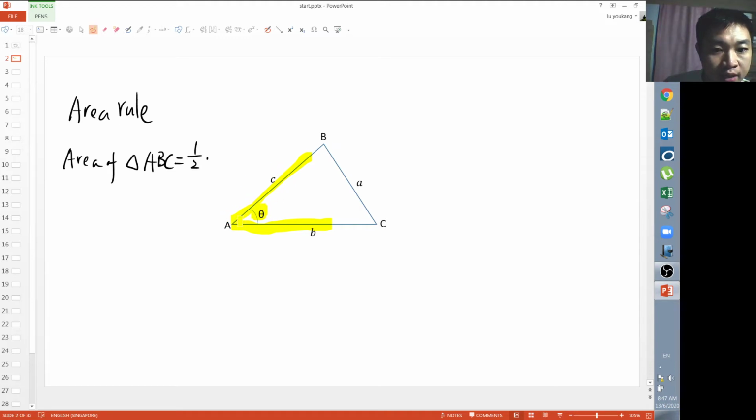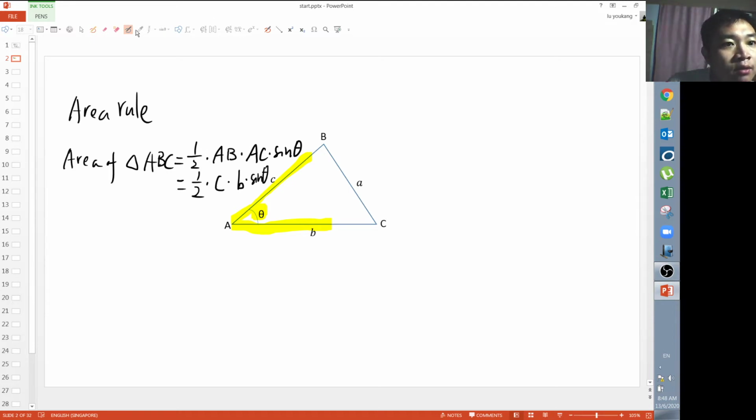Clearly AB and AC are the sides. Therefore you have your AB, your C, times your sine theta. So this will give you the area of this triangle ABC. AB is your side C here, and AC is your side B here. You simplify it further, and you should get half times C times B times sine theta. Right? This will give you the area of this triangle ABC.